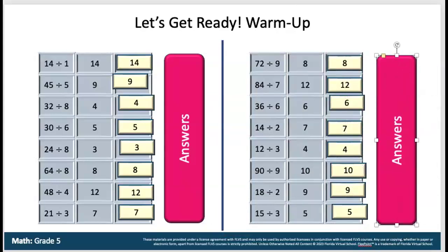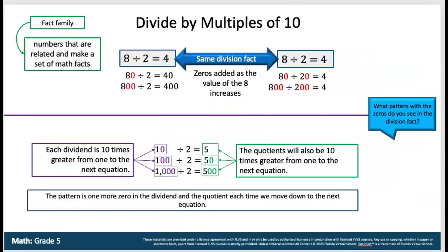So we're going to go ahead and continue with talking about division today. By knowing some of those fast facts that we just had for multiplication, we can apply them when we're talking about multiples of 10 and even powers of 10 later.